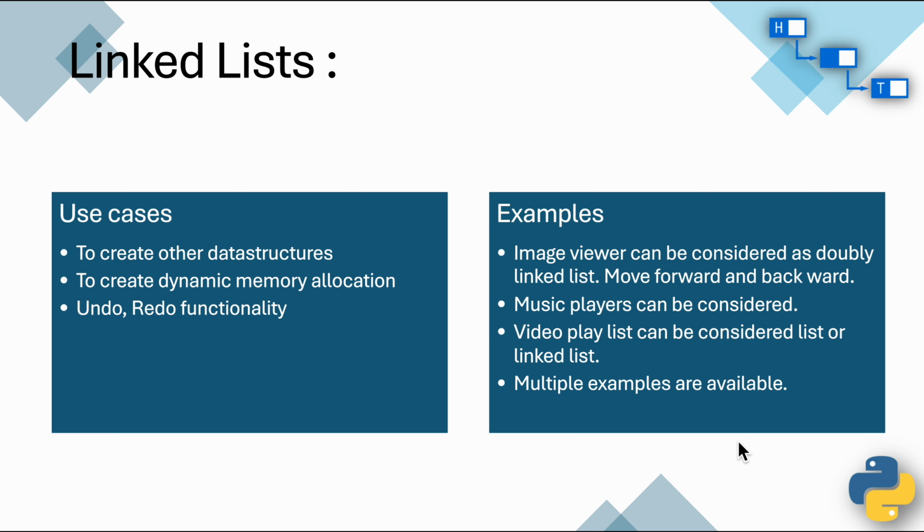All videos you can virtually group into one single list. That's what you do in a YouTube playlist, right? So that can be treated as a singly linked list, or a doubly linked list for that matter. It's a linked list.